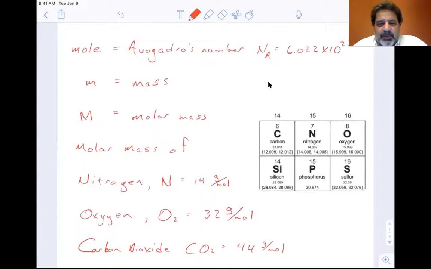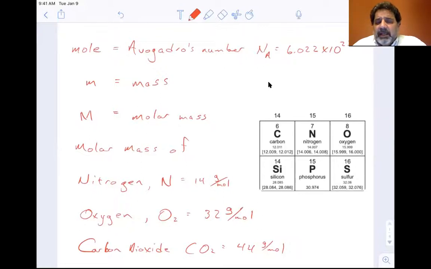You can get this periodic table if you go to iupac.org. I forget what it stands for, but that's where I got this periodic table. We'll use the number right under the element name. So the molar mass of a mole of carbon is 12 grams per mole. Nitrogen is 14 grams per mole.